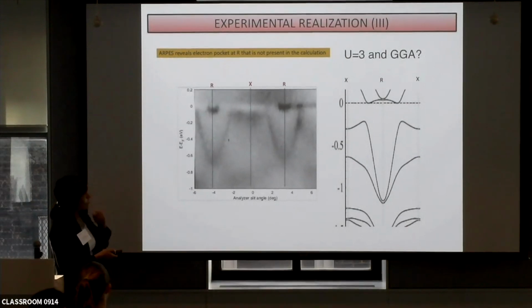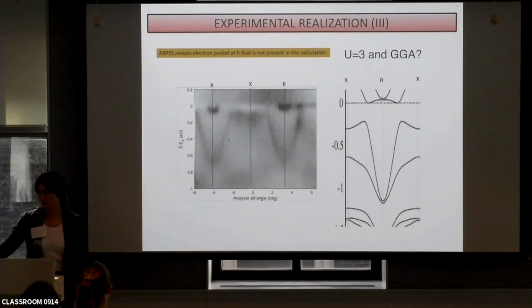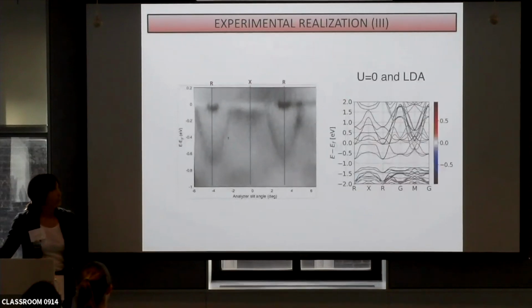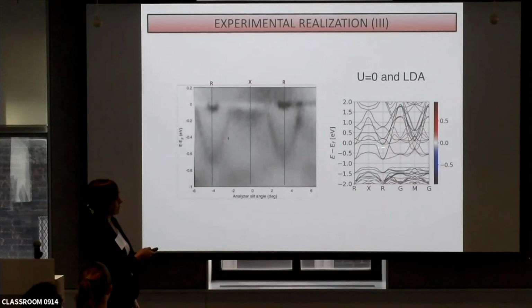And it happens that the conundrum of this material is this bucket that we find at R that we cannot see with U equals 3 and GGA. We did calculations with different values of U for GGA, and it was absolutely impossible to get this bucket. So we then considered U equals 0 and LDA, and the bucket at R showed.